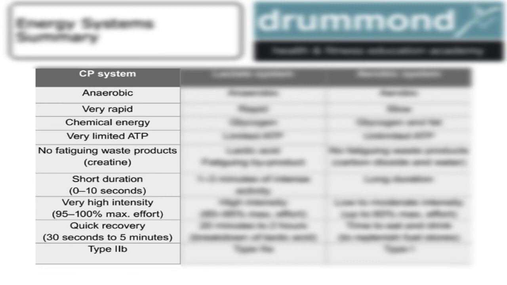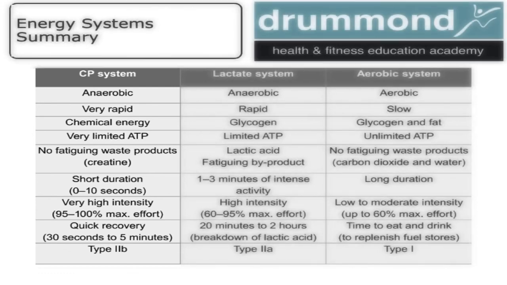It doesn't have any fatiguing waste product. It's only used for short duration exercises of very high intensity, around about 0 to 10 seconds and 95 to 100% of max effort. It would be quite a quick recovery process, 30 seconds to around about 5 minutes, and it's going to be predominantly used by type 2B muscle fibers.